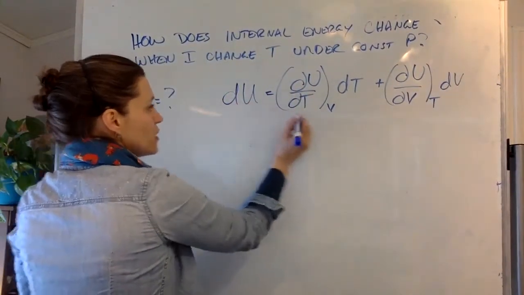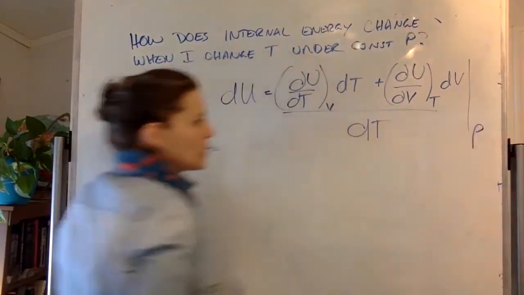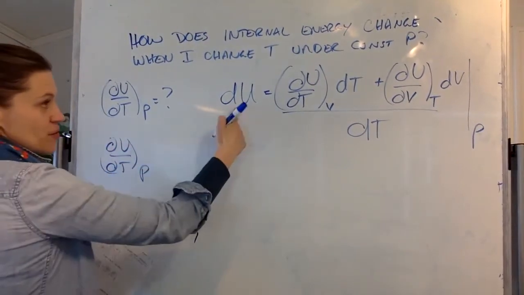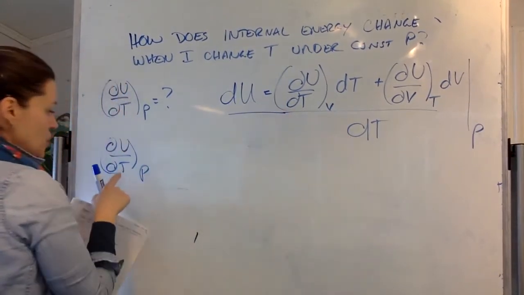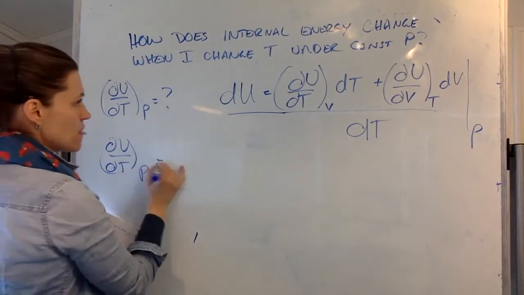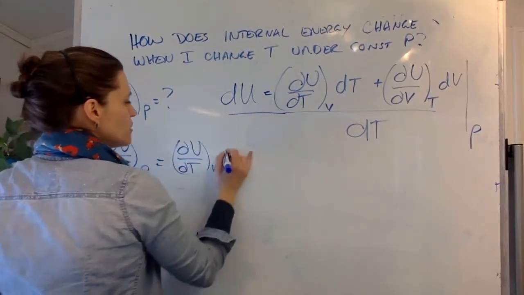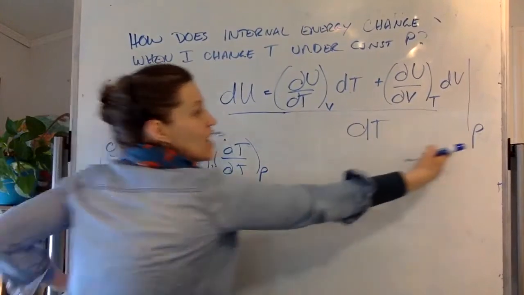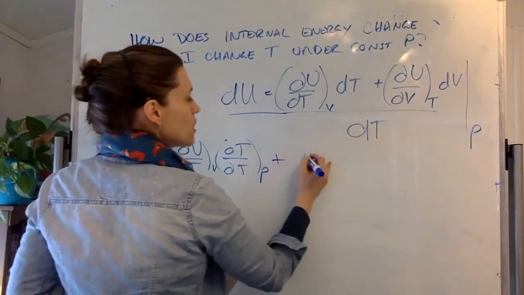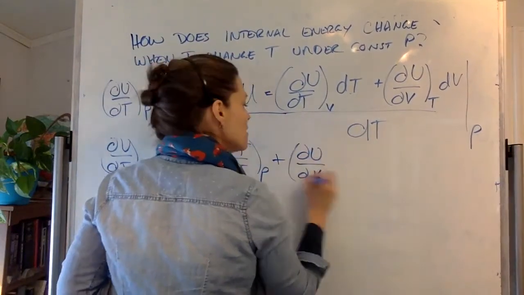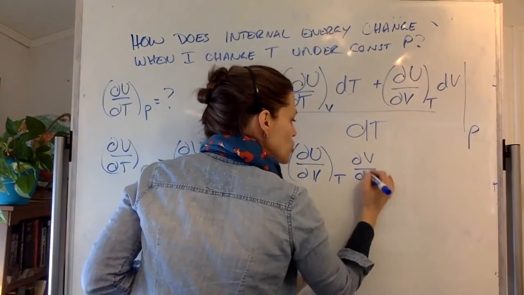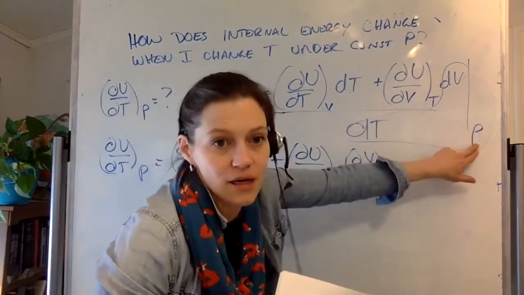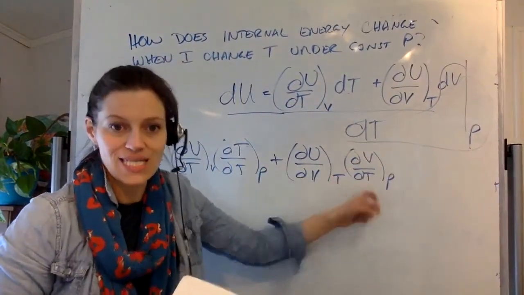Okay, so I want to know how this whole thing changes with T at constant P. So that becomes partial U partial T at constant P, and this side is dU divided by dT, which becomes a partial derivative because the pressure is constant, equals partial U partial T at constant V times partial T partial T at constant P, plus partial U partial V at constant T times partial V partial T at constant P. So I've got dV/dT at constant P, which becomes the partial derivative of V with respect to T at constant P.